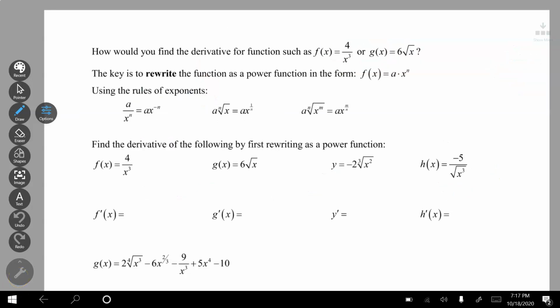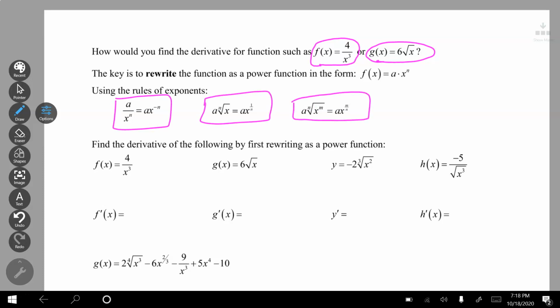So how should I handle problems like this, where the x's are in the denominator or have roots and radical signs? You need to know your rules of exponents. You need to know these 3 rules of exponents: something over x to the n is a times x to the negative n, and something times the nth root of x is a times x to the 1 over n.